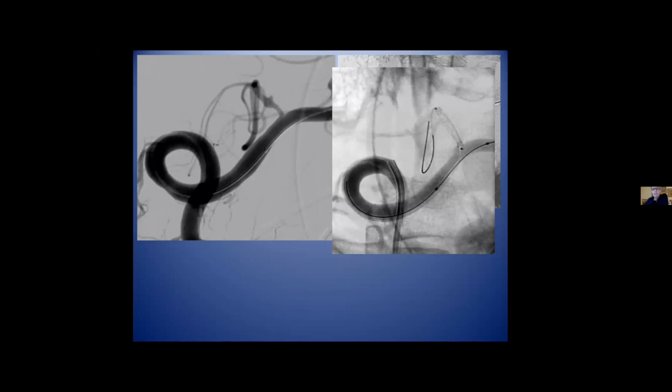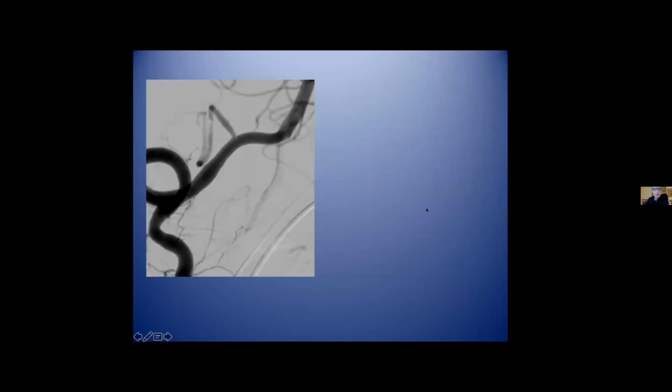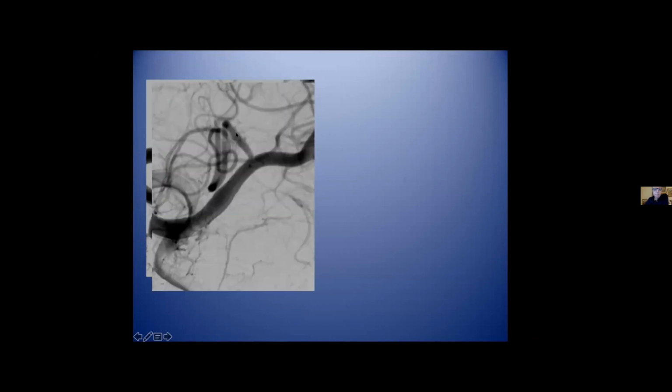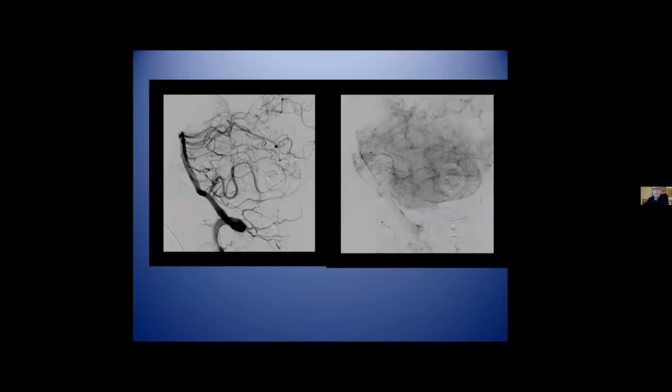This is the reason I open slowly this stent, and when the placement is perfect, I inflate the balloon, and this is the control with the before after. This is after.